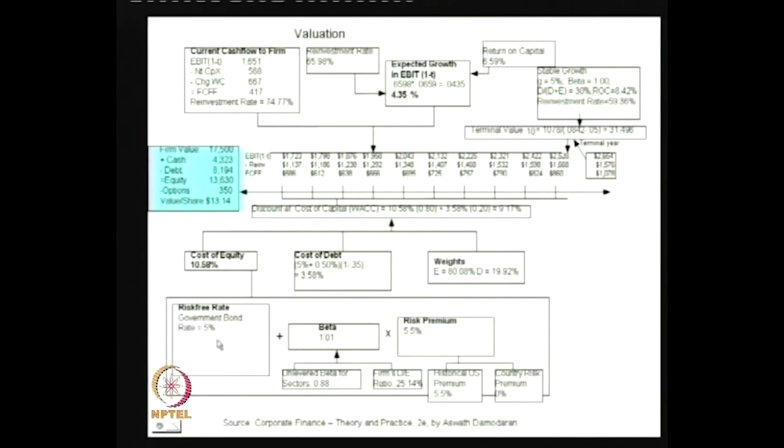Then we can also see here the risk free rate is 5%, the beta of the company stock in the high growth phase is 1.01, then the risk premium is nothing but the market return minus the risk free return, that is 5.5%, and in fact this beta also can be estimated using something like unlevered beta and the firm's debt equity ratio. So, typically for this company we got unlevered beta, which is not a levered company.